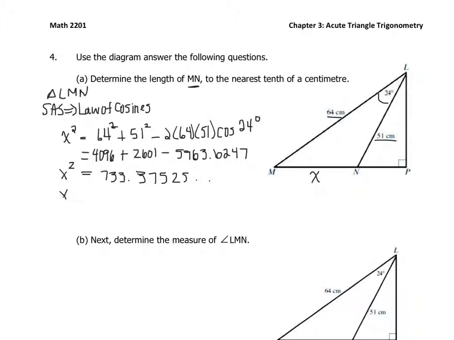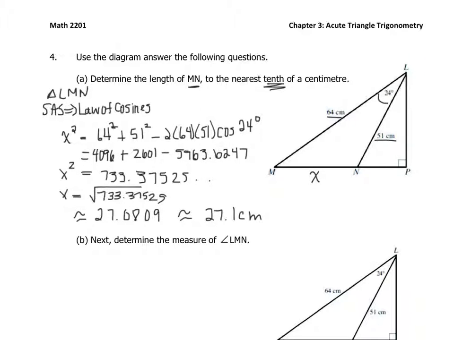If we want to find x, it would be the square root of that, which is approximately 27.0809, or approximately, to the nearest tenth of a centimeter, which you're asked to find, 27.1 centimeters.